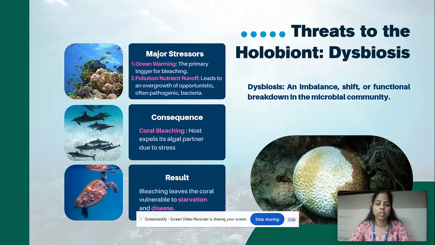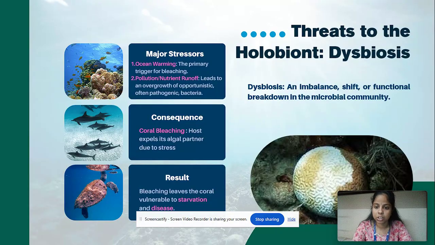As a consequence, coral bleaching will happen. Coral bleaching is the phenomenon where the host coral expels its algal partner due to various stress conditions. Bleaching leaves the coral vulnerable to starvation and diseases.